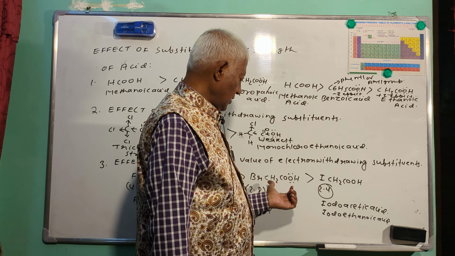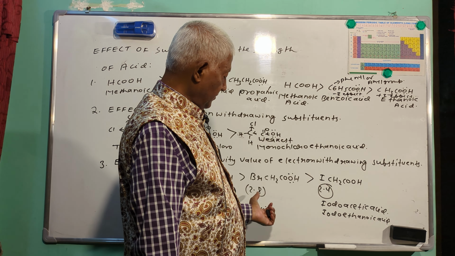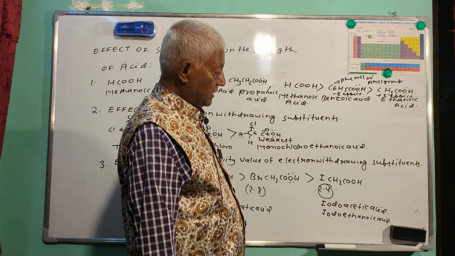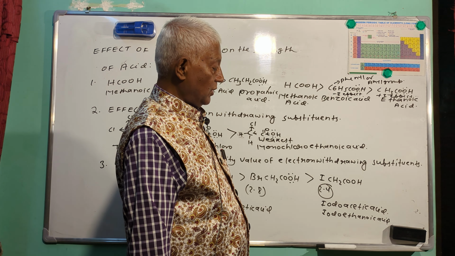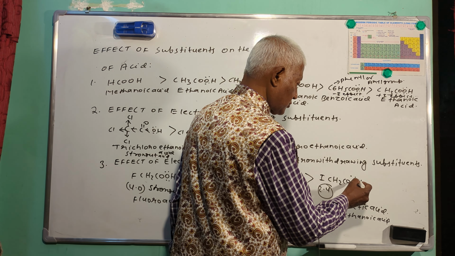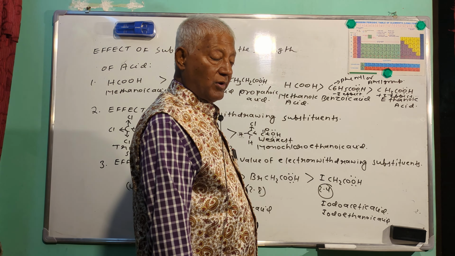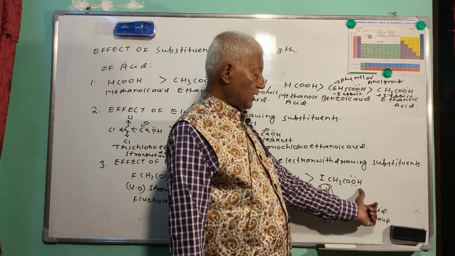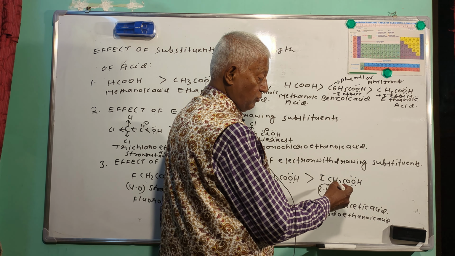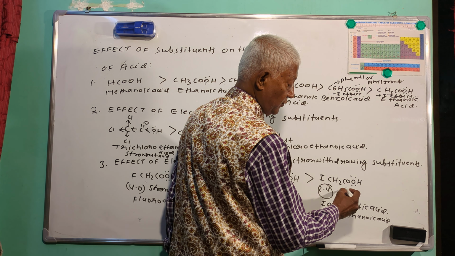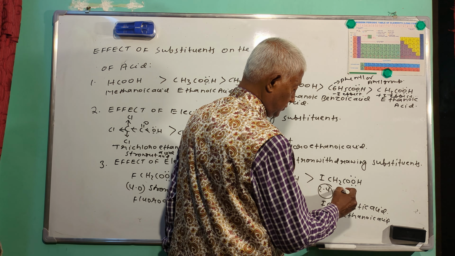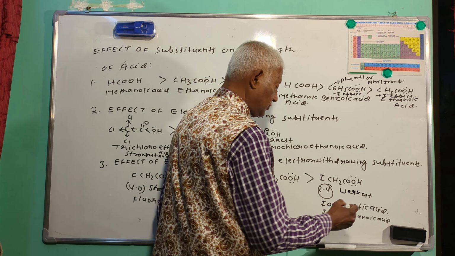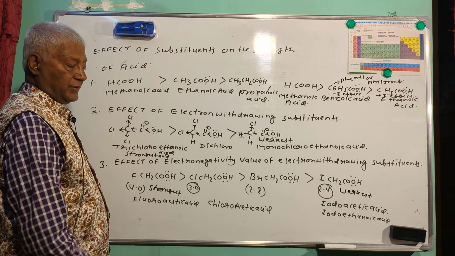In this case, the electronegativity value of iodine is very low, 2.4. It also withdraws the electron, but the bond is very strong, so it loses the acidic proton with difficulty. So that is the weakest, and fluoro is the strongest.